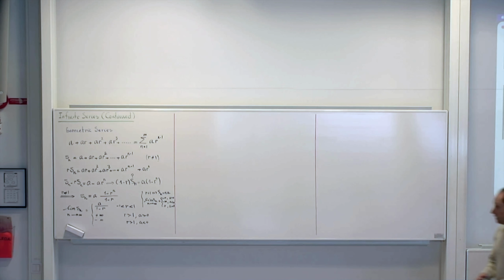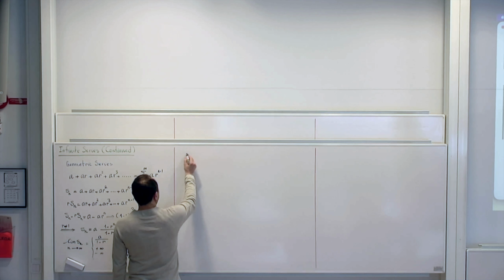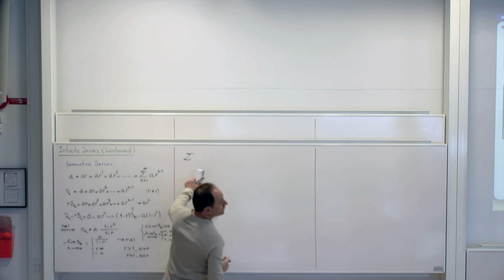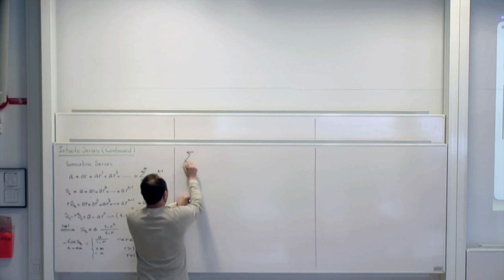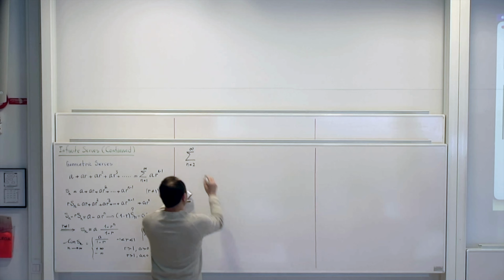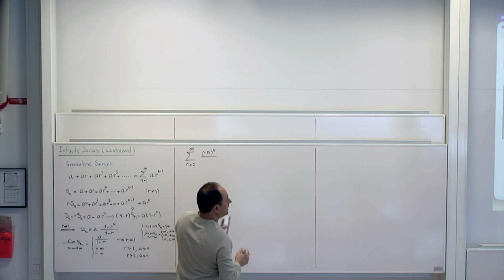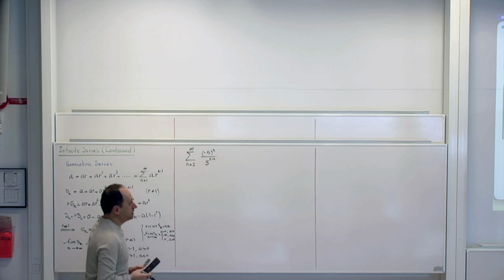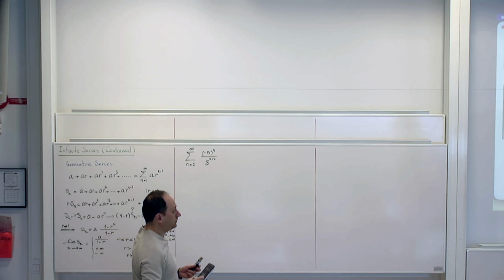We have the sum from n goes from 2 up to infinity of minus 5 to the n divided by 8 to the power of 2n. What is the question? Determine whether the following series are convergent. If they are, find their sum.